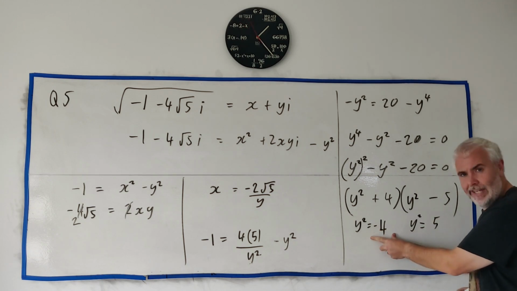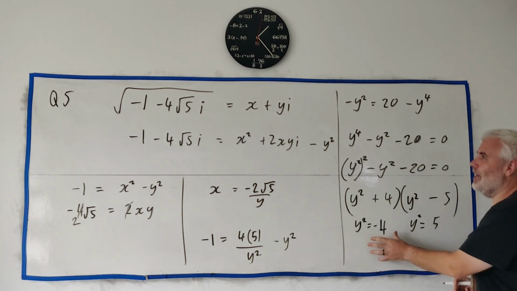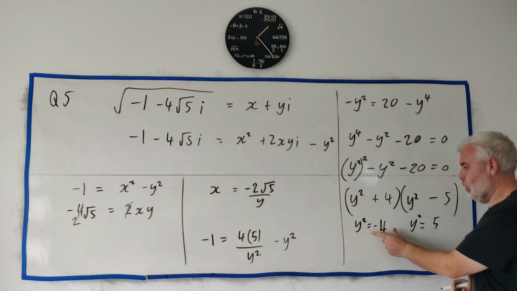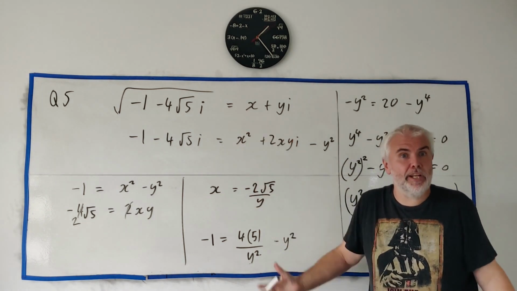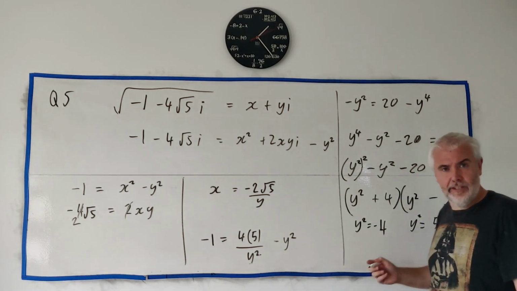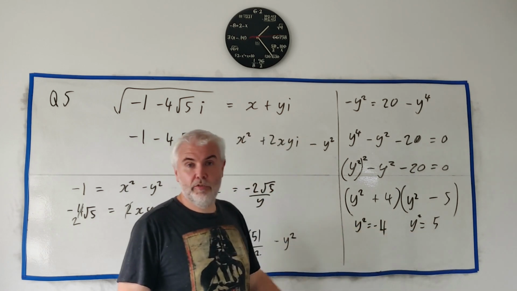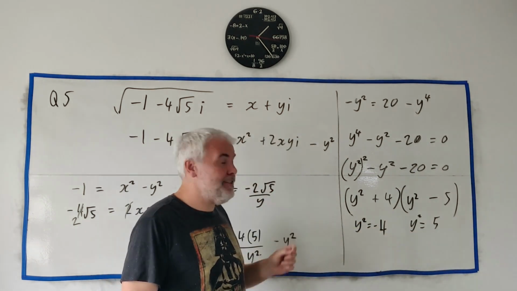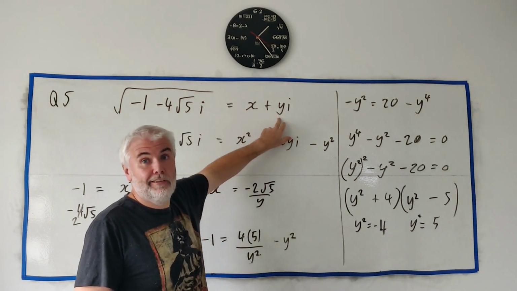It's tempting to throw this answer away straight away, and that is correct. But it's also tempting to say, hang on, square root of a minus number, that's an imaginary number, and we're in complex numbers, so maybe this is an okay answer. Maybe we get 4 answers here, two from this and 2 from that. The problem is at the very start of the question they told us that x and y are real.